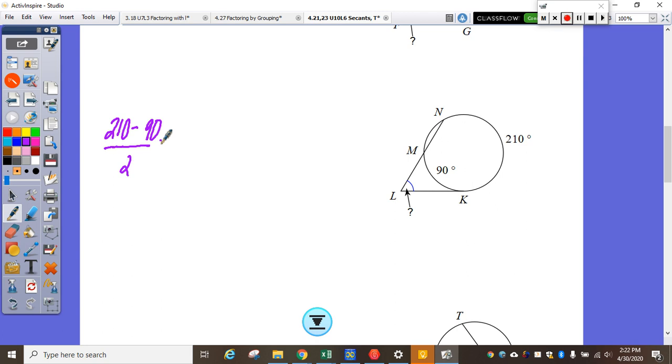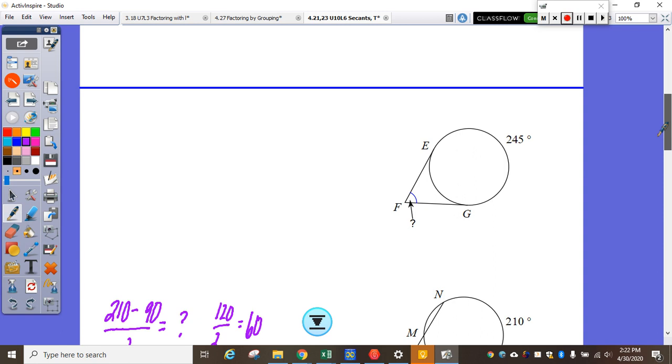Divide that by 2, and that's going to give me the angle that I'm looking for. Well, that's going to give me 120 divided by 2, which is going to give me 60. So this angle over here is 60 degrees.